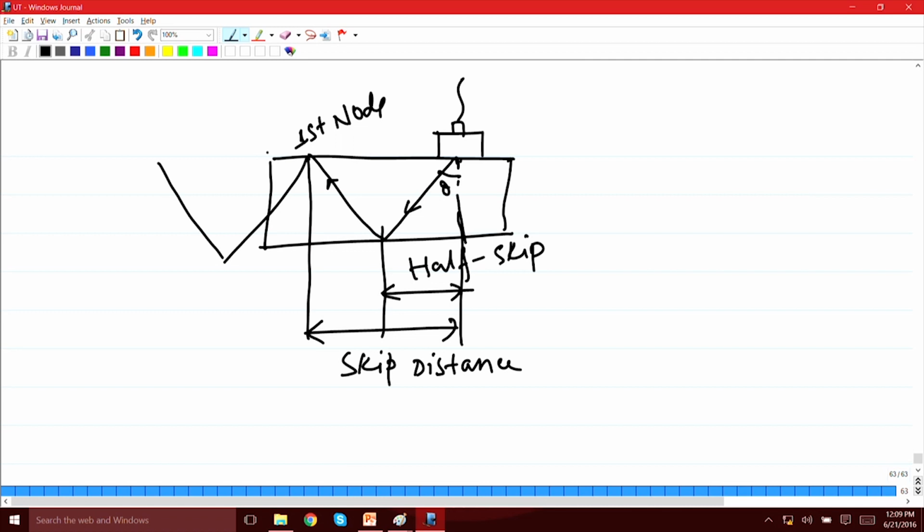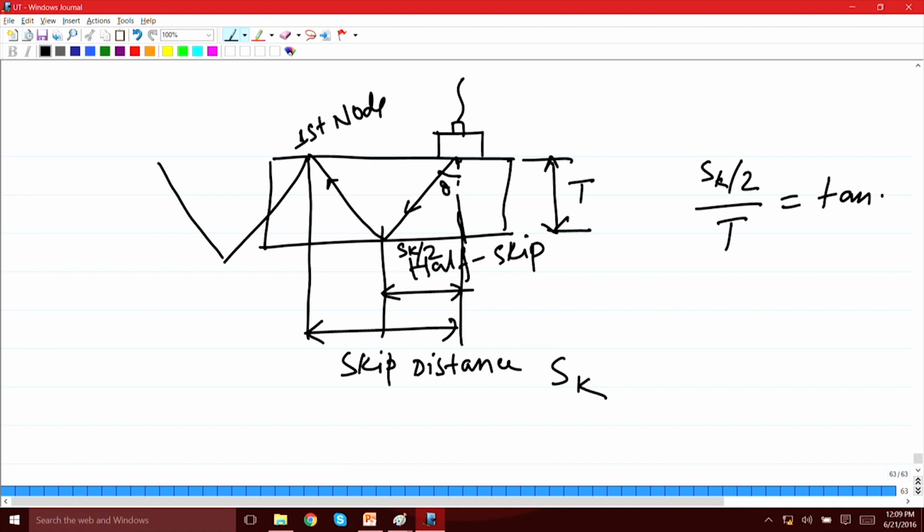And if the thickness of the sample is T, and if we call this skip distance as Sk, then you could see this Sk by 2, which is this distance, by T is equal to tan theta, which gives you the skip distance as 2 T tan theta.